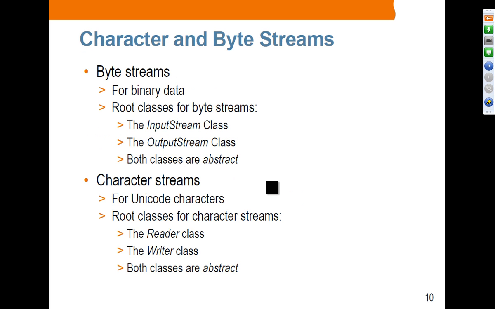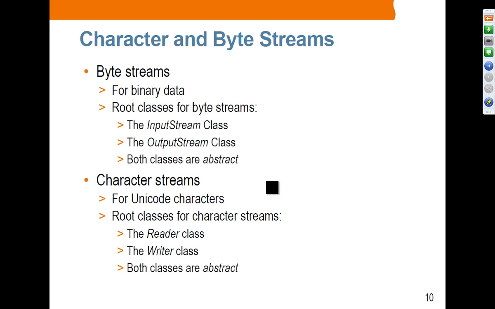So let's talk about character and byte streams. A byte stream is for sending binary data, where each data item is a byte. On the other hand, character streams are for Unicode characters. A character stream actually understands characters based on international characters.